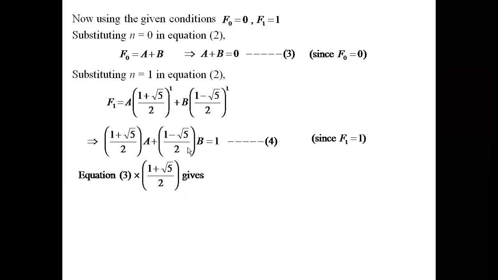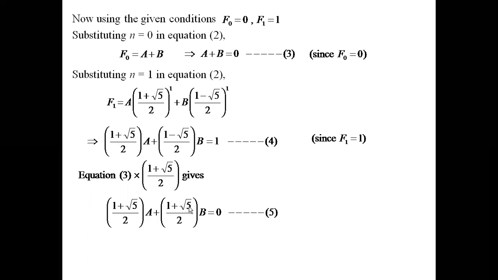That's how we solve any simultaneous equations manually, right? So multiplying equation 3 by 1 plus root 5 divided by 2, we get 1 plus root 5 by 2 into A plus 1 plus root 5 divided by 2 into B equal to 0. I have manipulated equation 3.